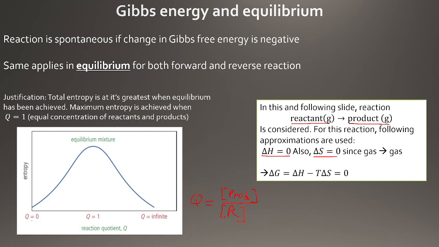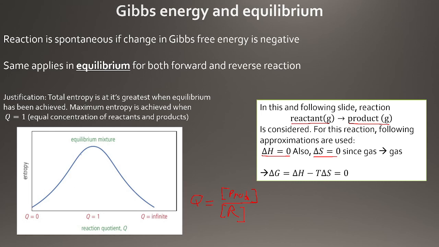And then what starts to happen is that the reaction keeps going and going, and at some point in this reaction we reach the maximum entropy. According to the second law of thermodynamics, this is the sweet spot. This is how long the reaction is spontaneous.